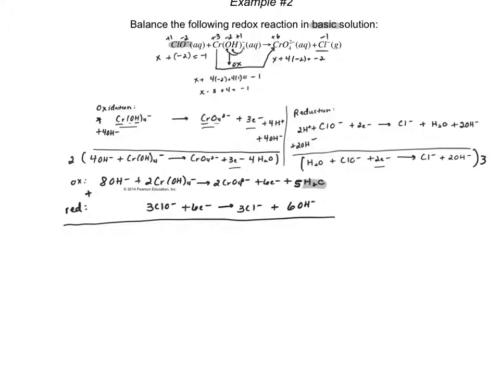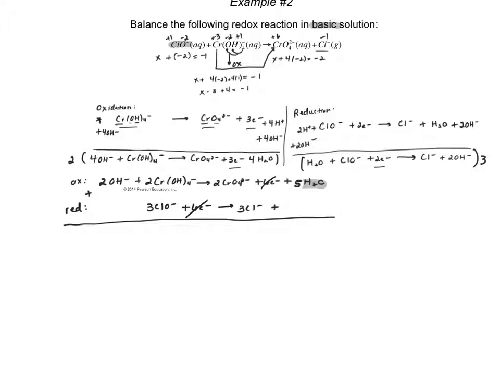Is there anything else that would cancel? The OH-. So we're going to get rid of these entirely, and we're going to be left with 2 over here. And then what else? The last thing. The electrons, right? The electrons are just going to cancel one another when we add.